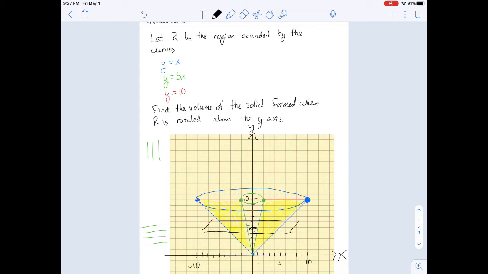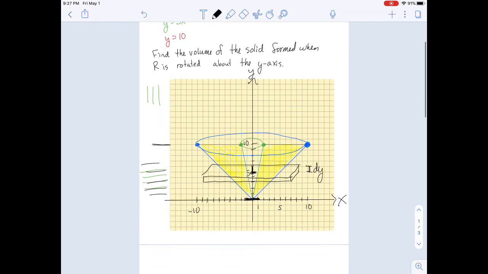The slice that I take out has a height associated with it. It's going to be some distance on the y-axis, so I'm going to call it dy, and we're going to make this super skinny, so it's essentially not going to have any height to it. But you can imagine that I could start slices down here and keep slicing all the way up until I got to y equals 10.